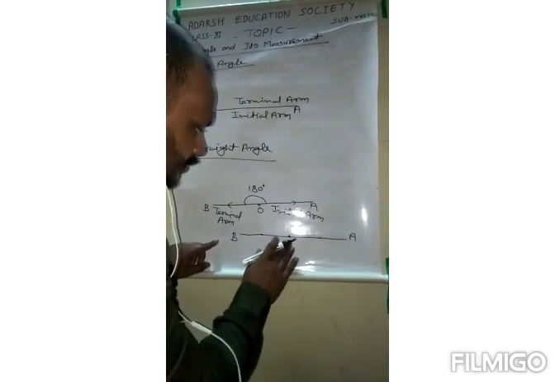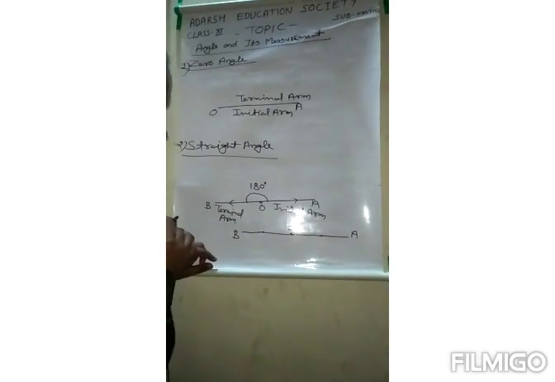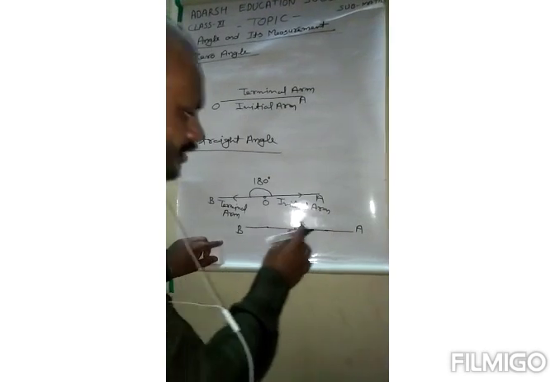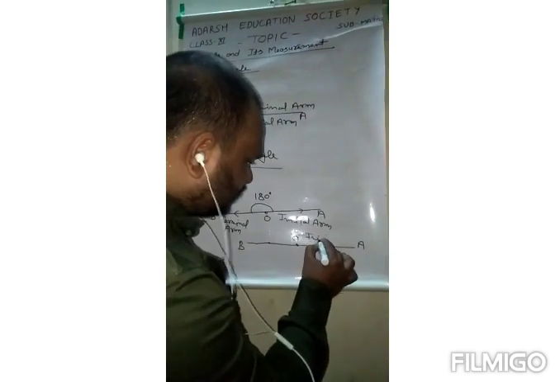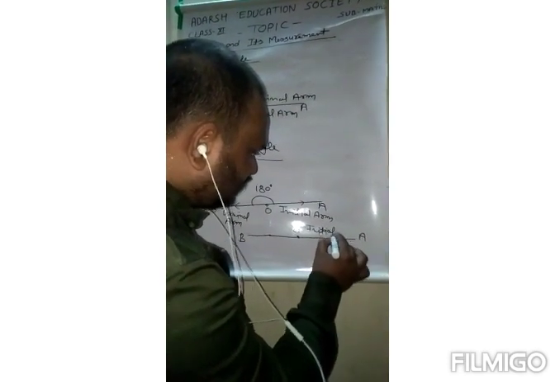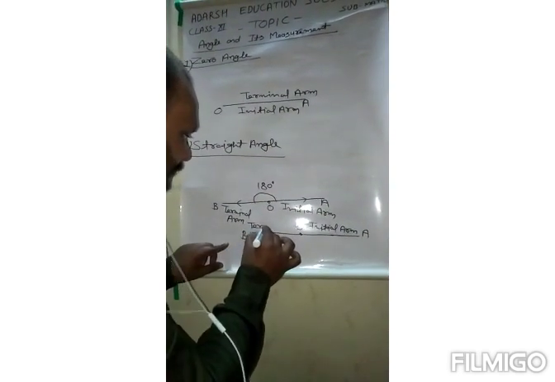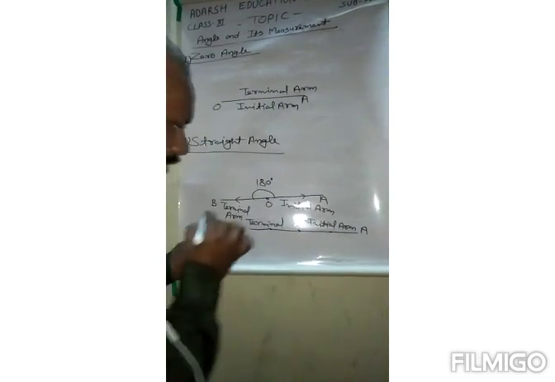Now consider O as the center point of the initial arm as well as the terminal arm. This is our initial arm and this is our terminal arm.